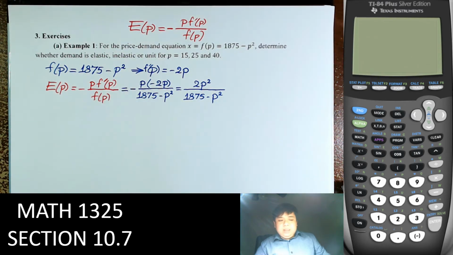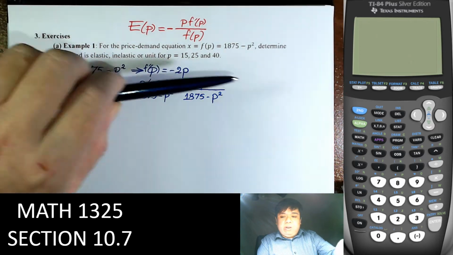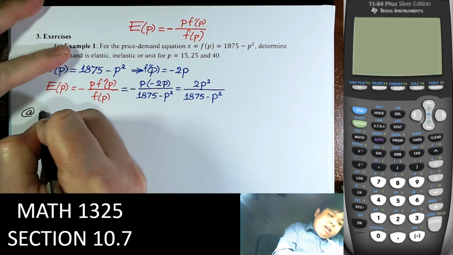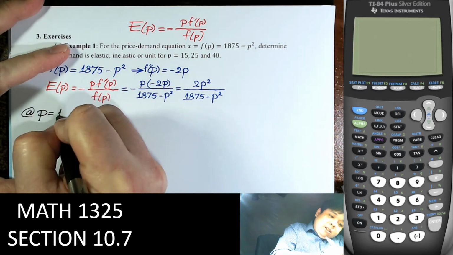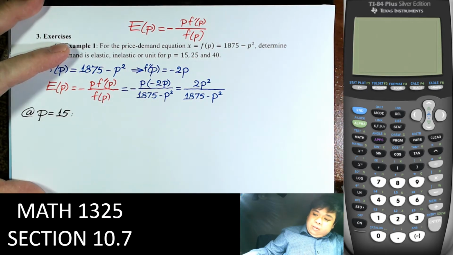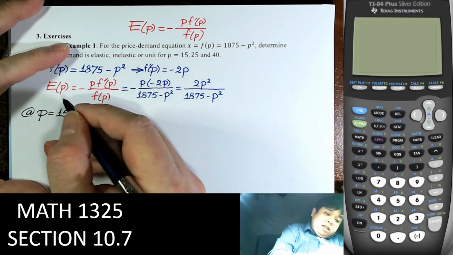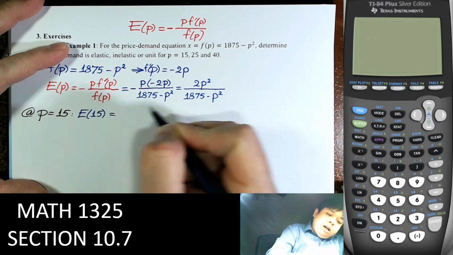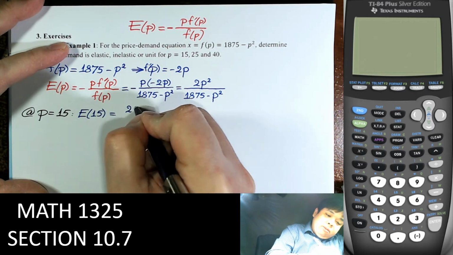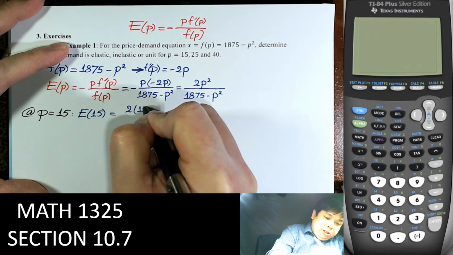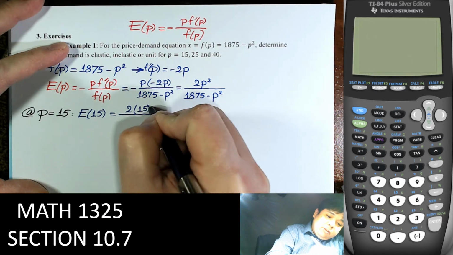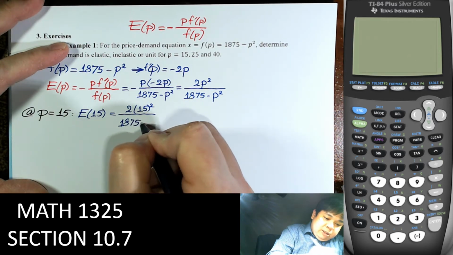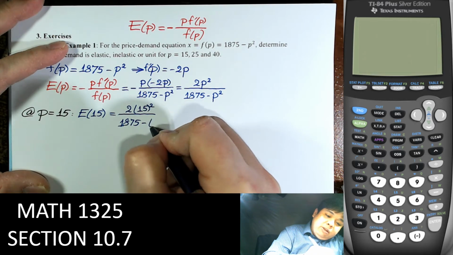Right, now we have different price levels, 15, 25, and 40. We just substitute into the equation. So first, p equal to 15. So we say elasticity of demand when the price is equal to 15. I'm just going to put 15 in for p, sorry, 1875 minus p squared, 15 squared.